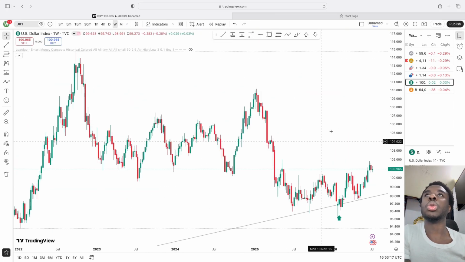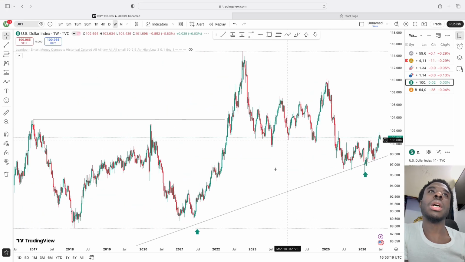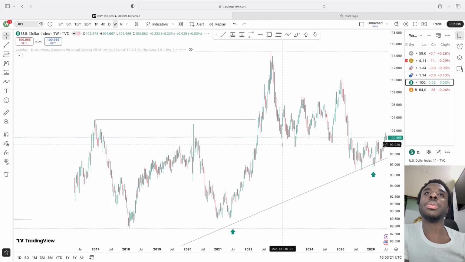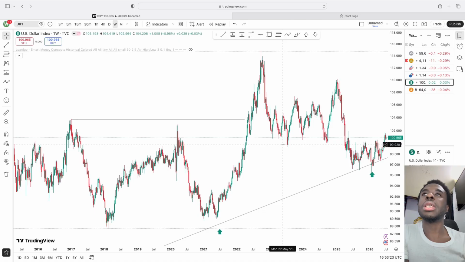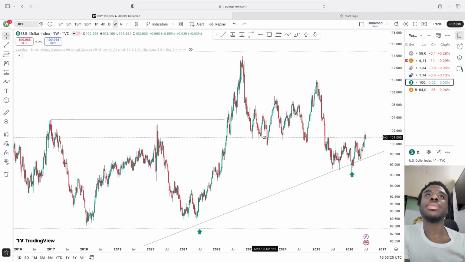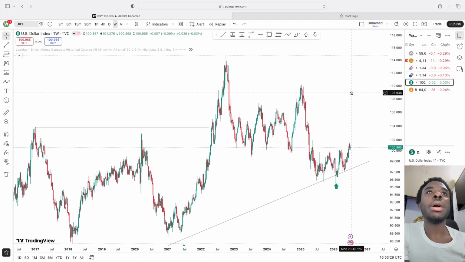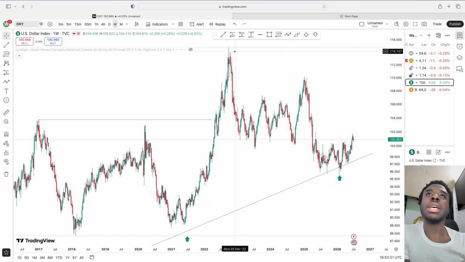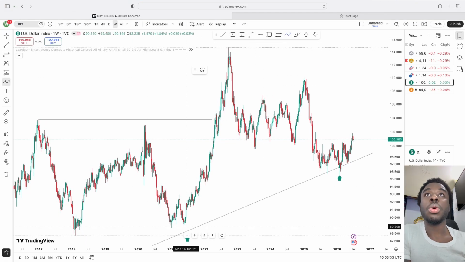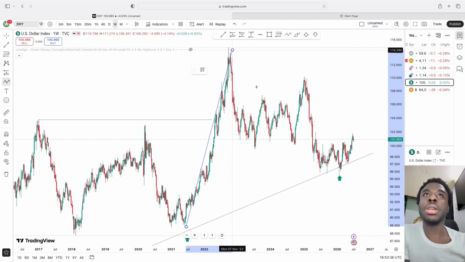So let's go to the weekly time frame. Let's see what's happening on the weekly time frame as well. Weekly is also doing the same like monthly, right? Still in an uptrend, but we can see something is happening. When we got this new high over here, so this was the pullback.